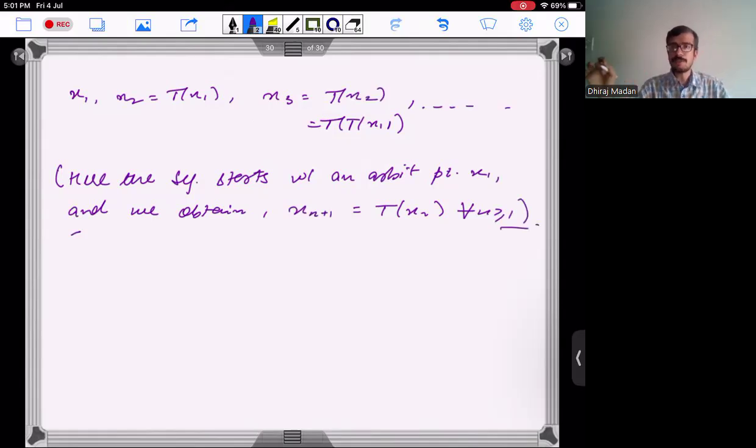Okay, so basically you start from some x1 and then you keep on applying the T transformation. And this x1 can be any point, right? And the limit point which you will get to will be the fixed point of the contraction mapping T.